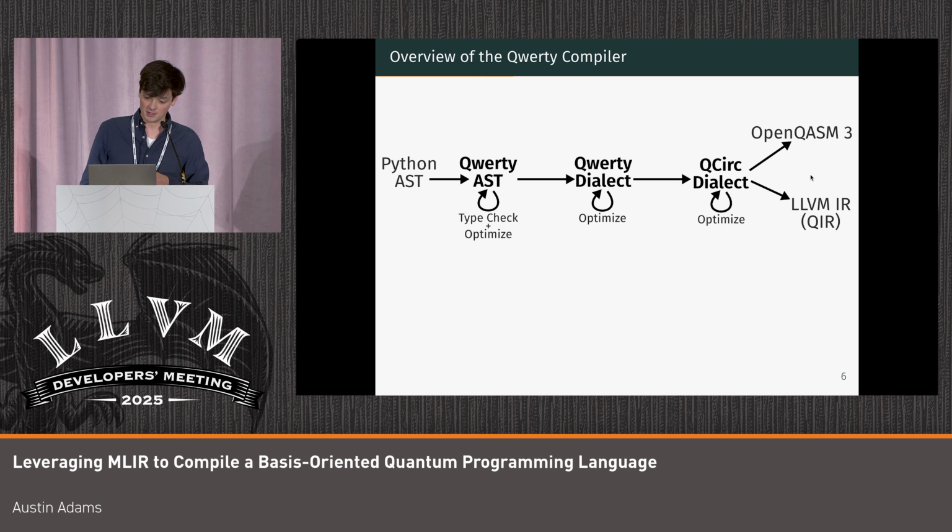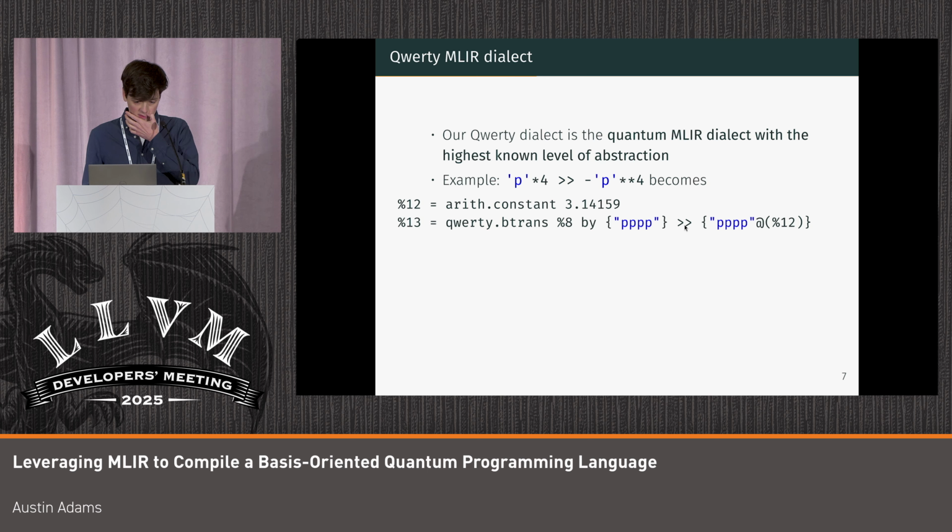So I'm going to focus on these two MLIR dialects here that we lower to. The first one is this Qwerty MLIR dialect, and this is an MLIR dialect that we produce from the AST, and this mirrors Qwerty semantics.